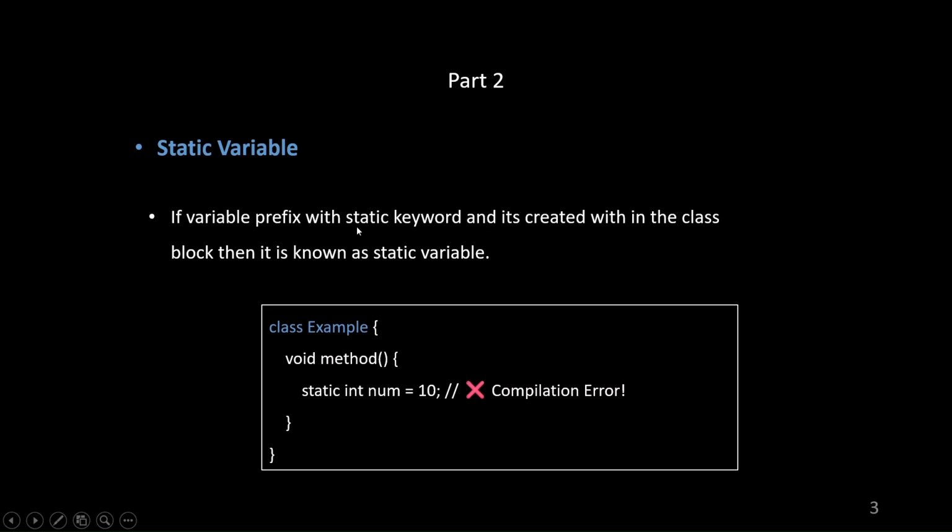If your variable is prefixed with static, but not inside a method and not inside a constructor, then only we call it a static variable. So this definition is enough to understand static variables. And if the interviewer asks this question, you just answer the same as it is, with the example.